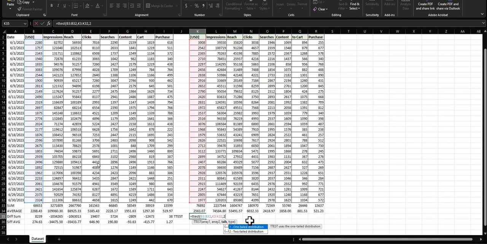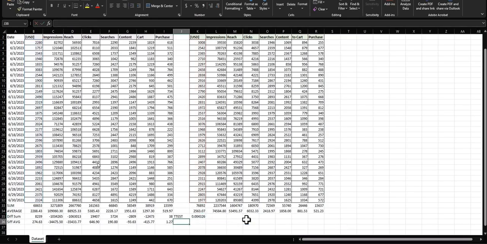We're going to do a two-tailed t-test. For most of them, you could do a one-tailed t-test, but you have to remember that you're going to be using an alpha of 0.025 rather than 0.05. We're going to use a two-sample equal variance homoscedastic t-test, and we get this number here.